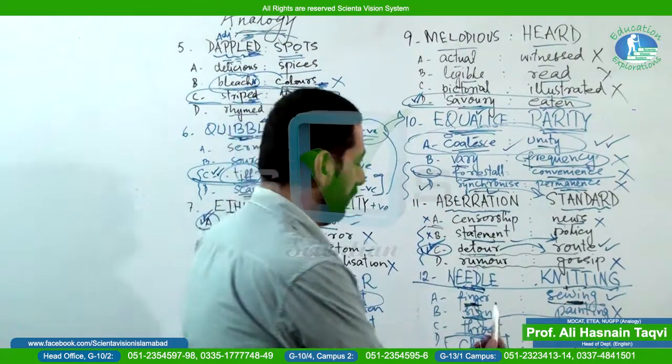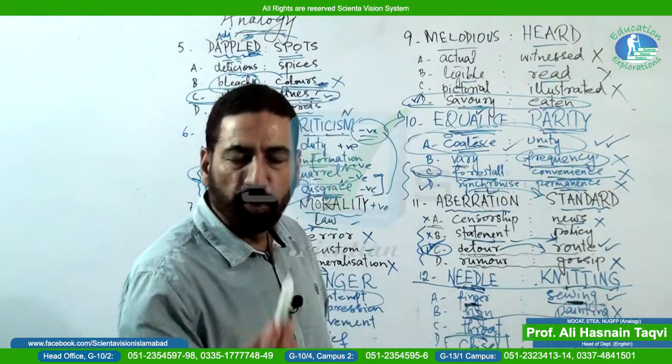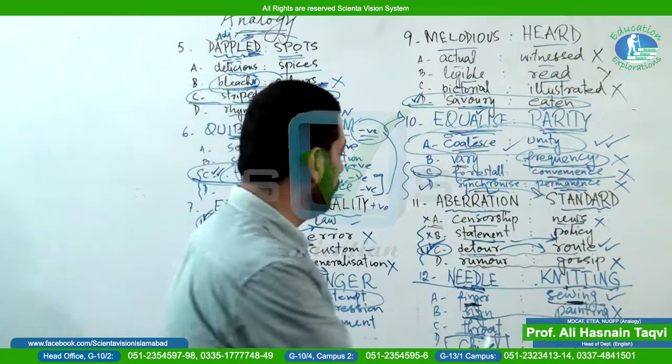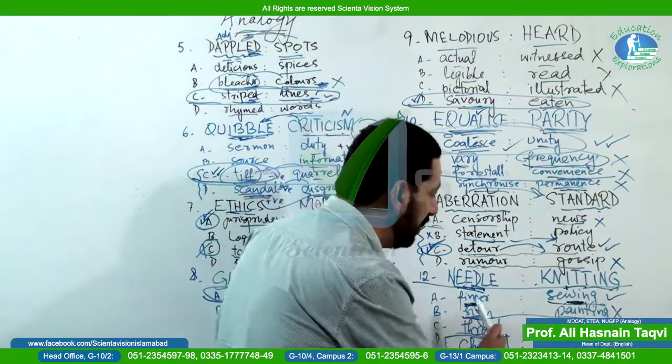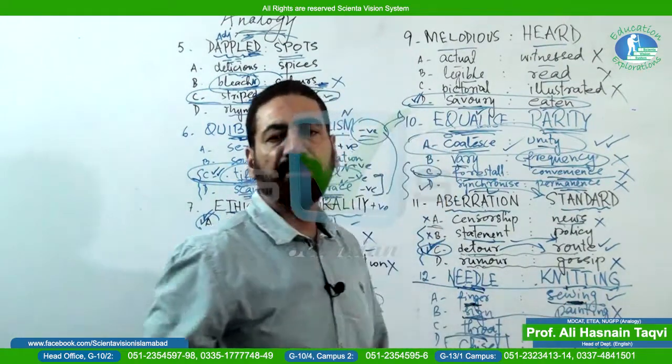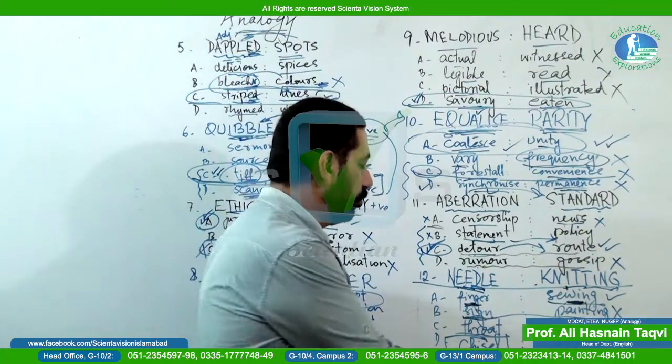So if I say board marker, writing. The board marker is a tool that is used for writing, just as needle is a tool that is used for knitting. So we should have chisel as a tool that is used for carving, like masons would do. For carving they would employ this tool.